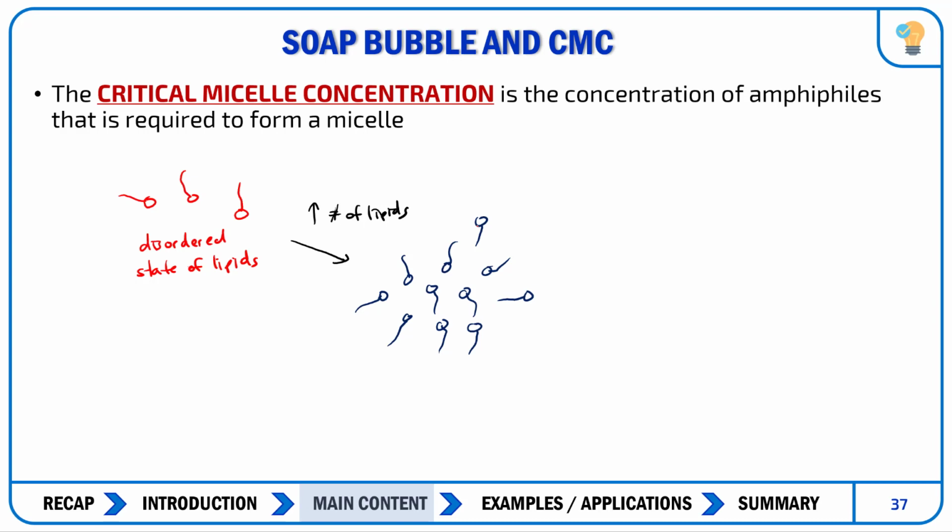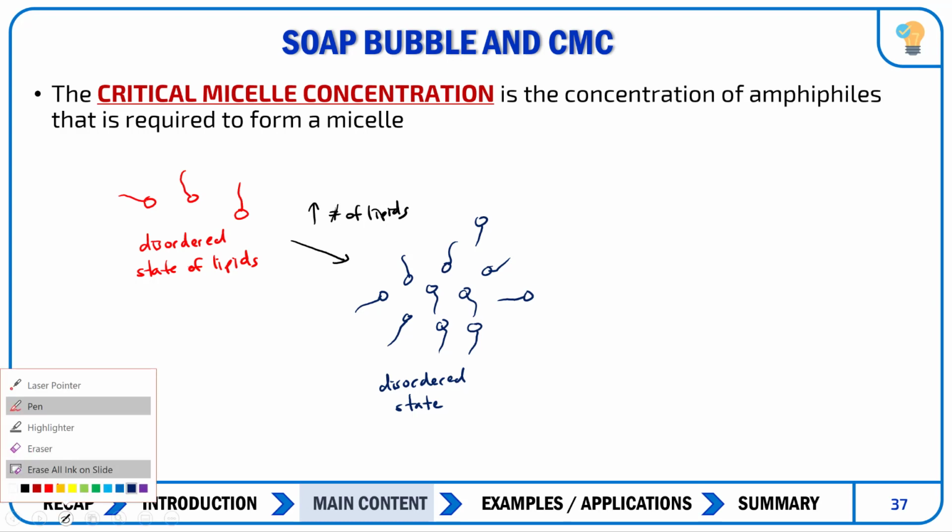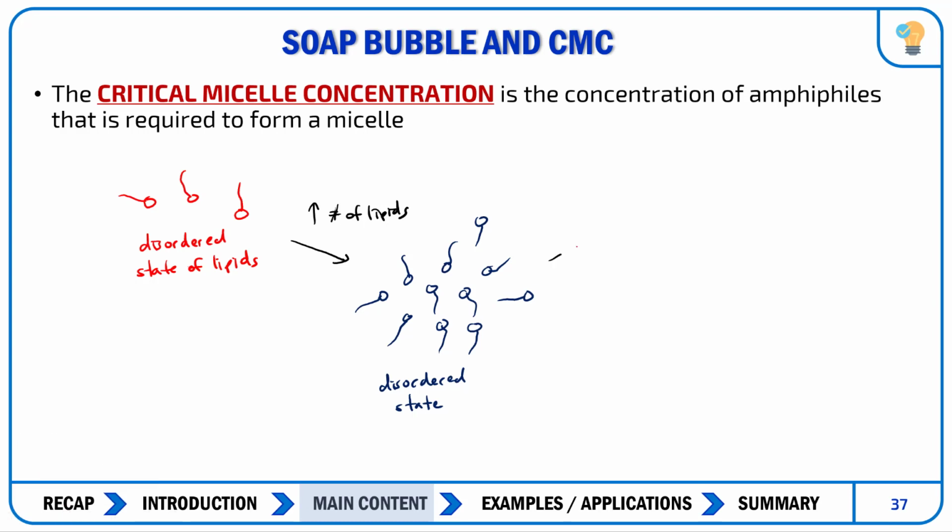So it's still in a disordered state, but there's a higher concentration. And basically at some higher concentration, or once some CMC is reached, so we reach the critical micelle concentration, or a certain number of lipids, then we'll be able to see the formation of a micellar structure.